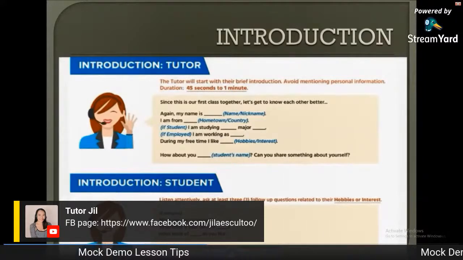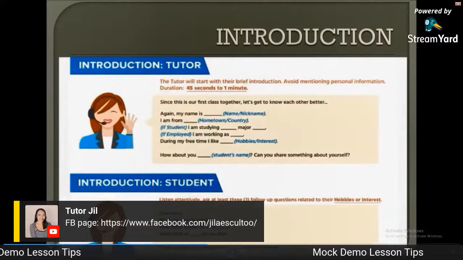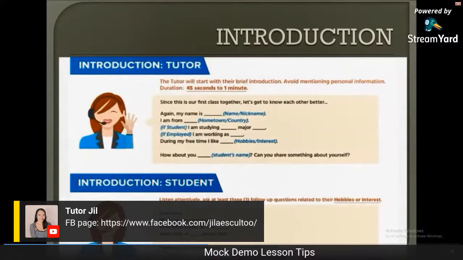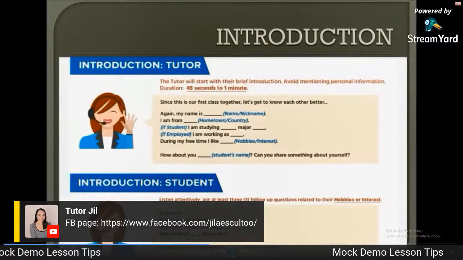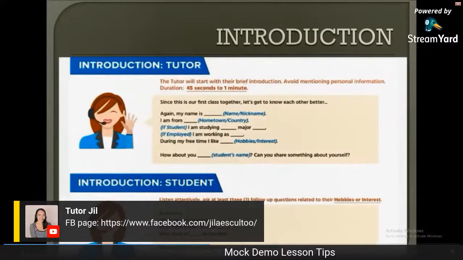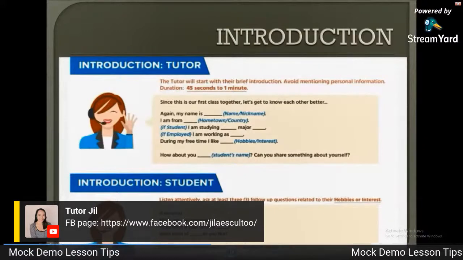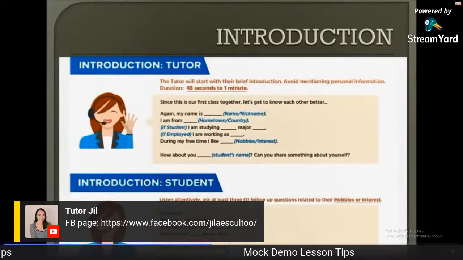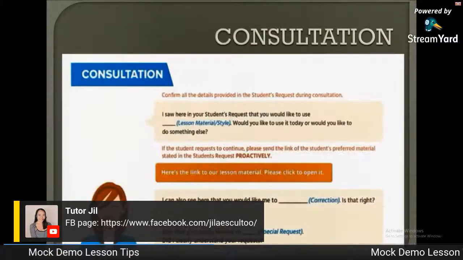How about you, Yuki-san? Can you share something about yourself? After that, it will be your student's turn. Please listen attentively and ask at least 2 to 3 follow-up questions related to their hobbies or interests.